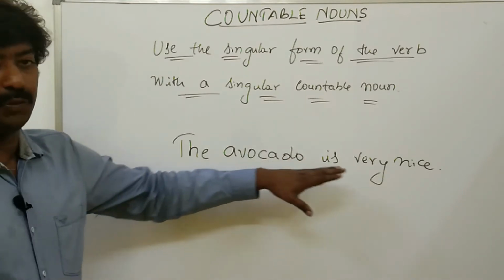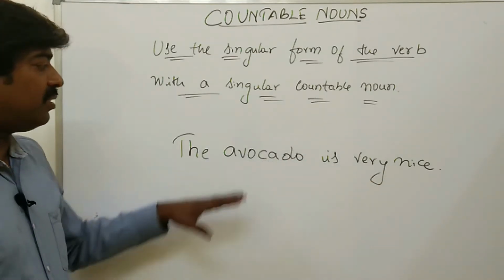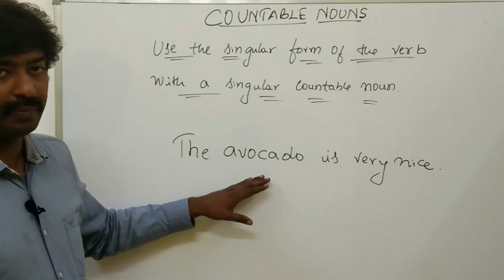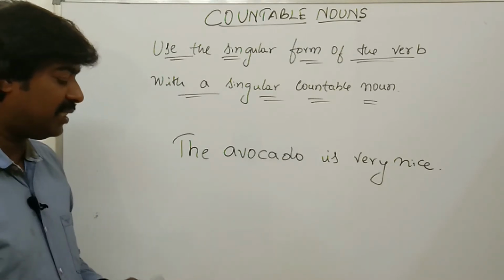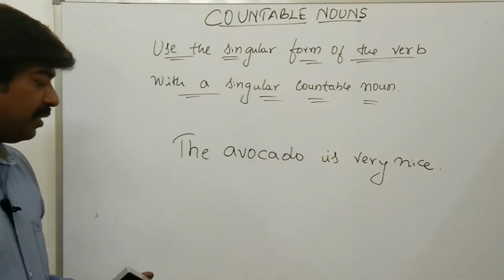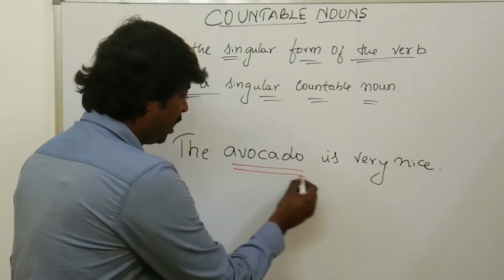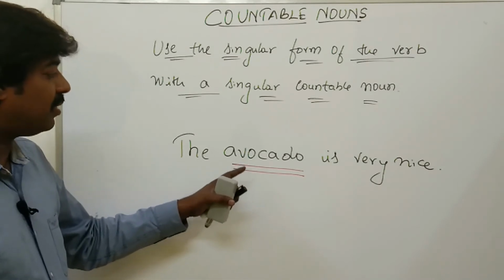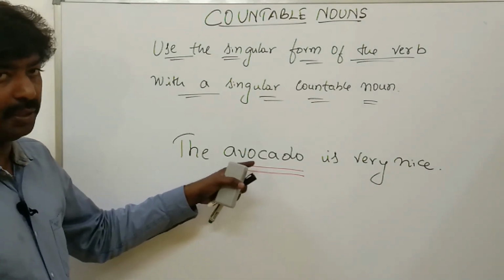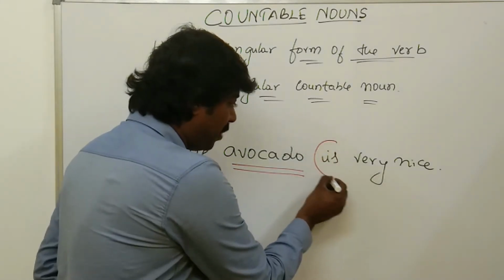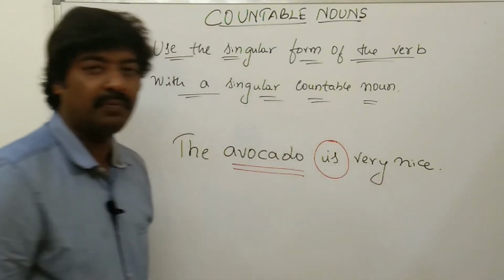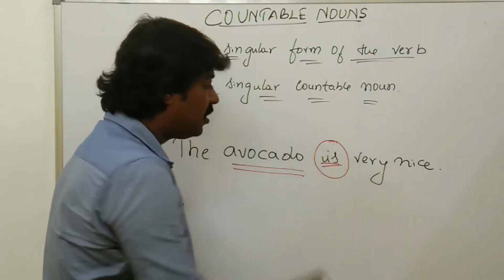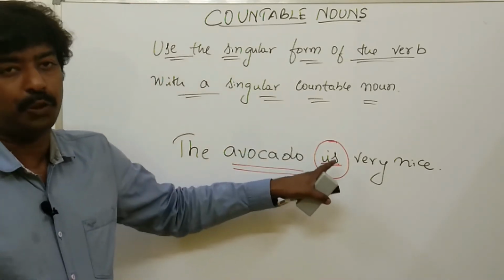The avocado is very nice. In this sentence, we are talking about one avocado. Avocado is in the singular form here. There is no s at the end of the noun. And since the noun is in the singular form here, then the verb must be in singular as well. This is the third person singular of the verb to be.